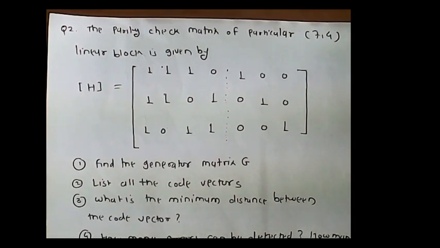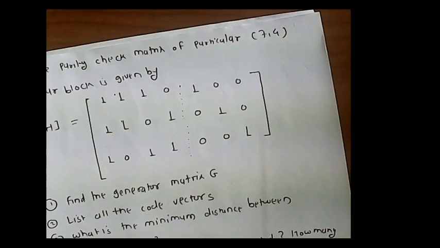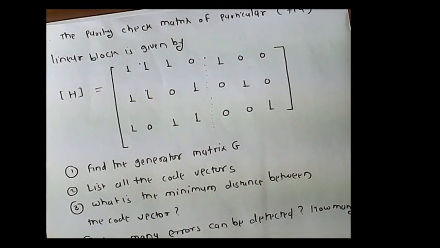Welcome back again. In the previous lecture, part 4, numerical based example on 1, we solved the general numerical based on the generator matrix.